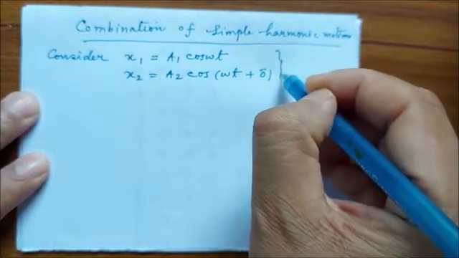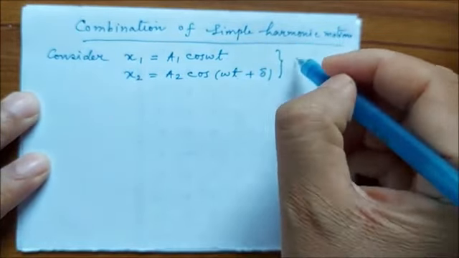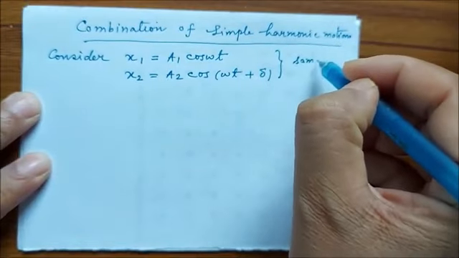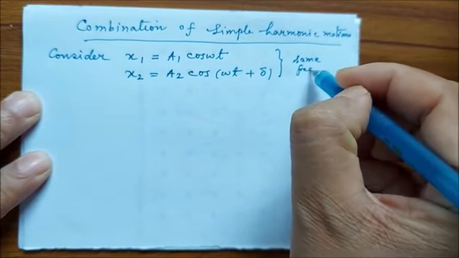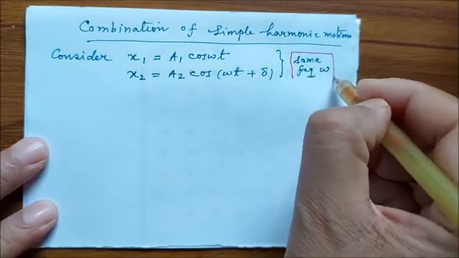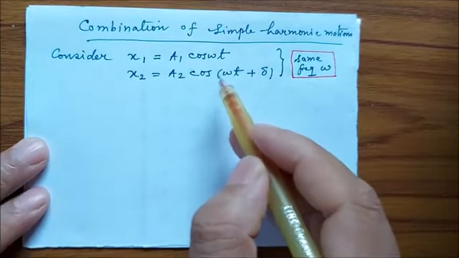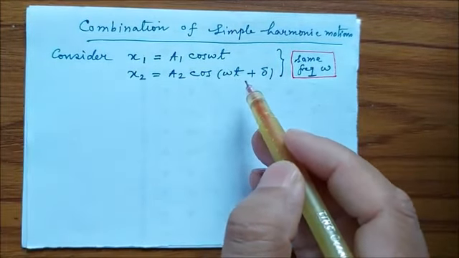Clearly, these two simple harmonic oscillations have same frequency, and the frequency is omega. They, however, have different amplitudes and phases are also different.